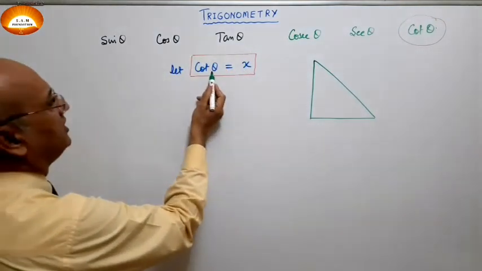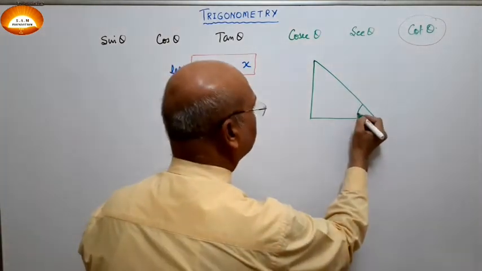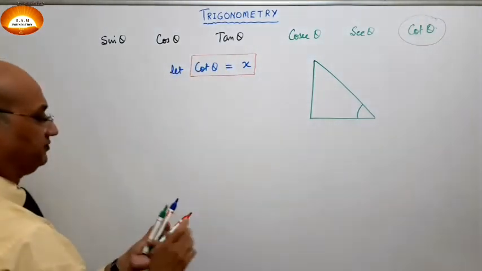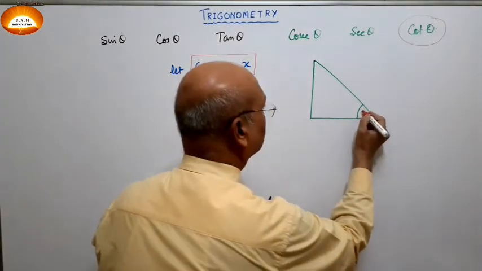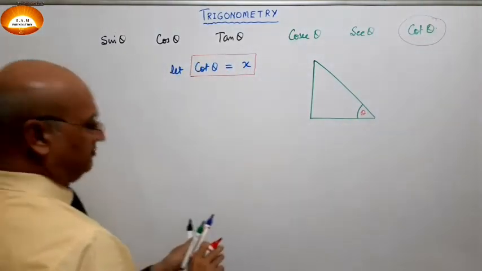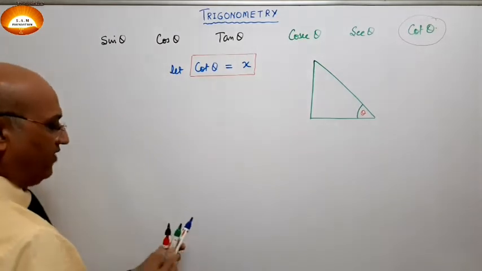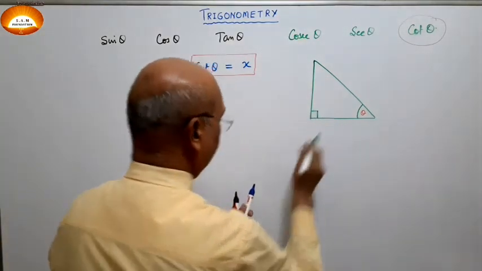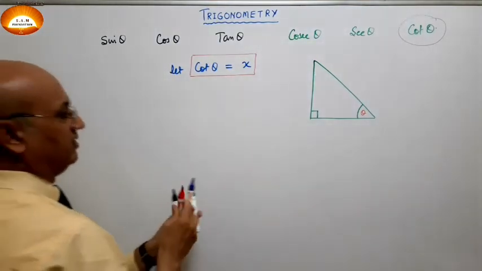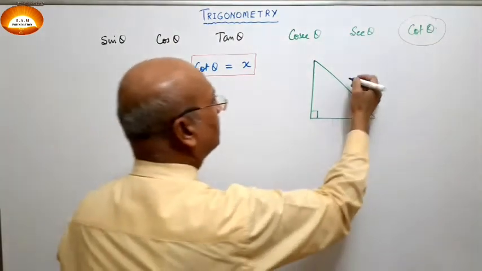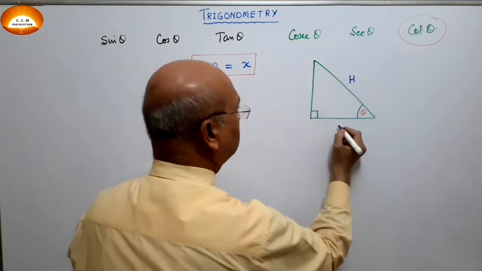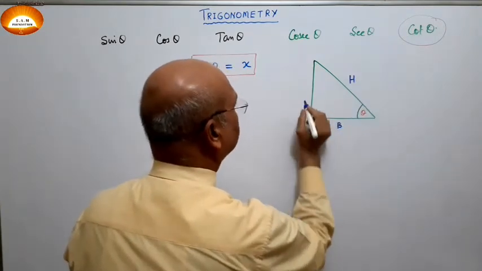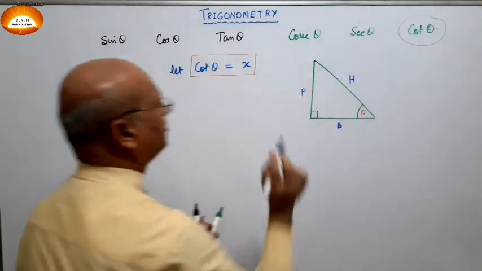With this cot theta is associated, so we'll put this theta here. And we know that the theta angle is made up of hypotenuse and base. So this will be hypotenuse, this will be base, and this will be perpendicular.